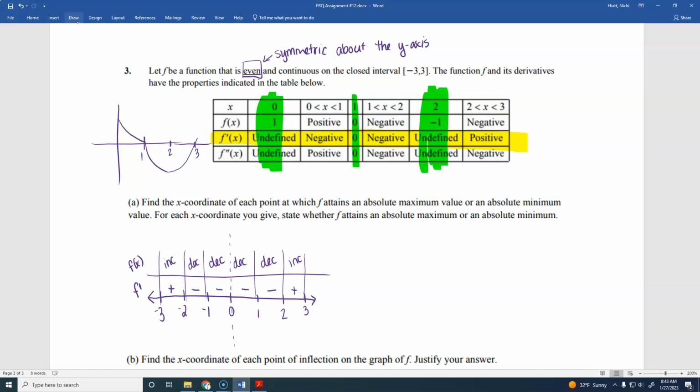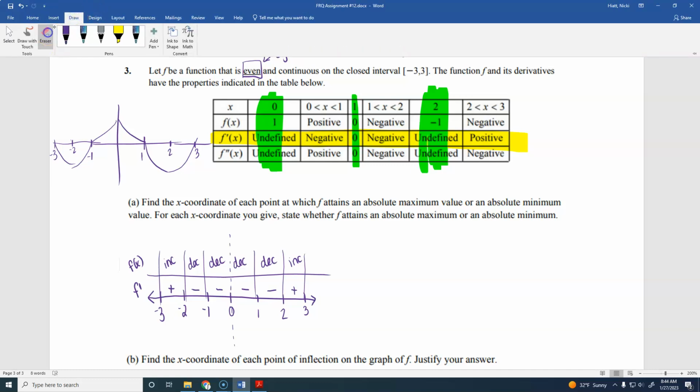If we flip that over here to make it symmetric, we actually end up with the opposite. So I did that wrong whenever I did this. We would see right here at -1, -2, and -3, we would actually decrease. Let me fix this. Sorry about that.